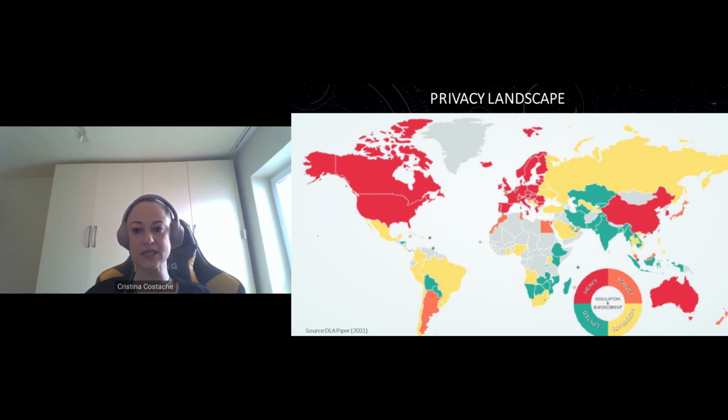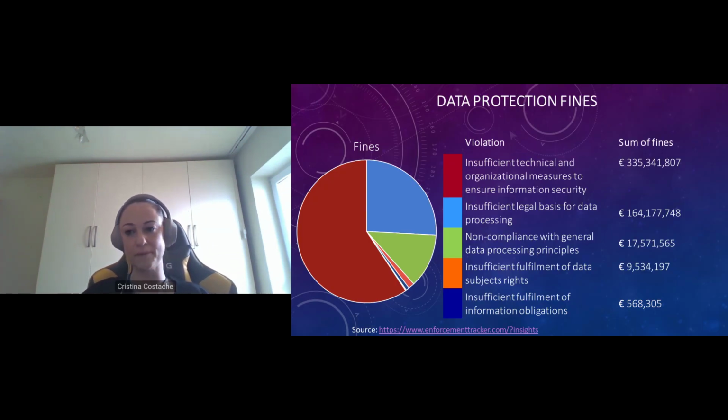So in the last 16 years, let's say the post-GDPR era, something has changed. Now we have around 66% of the countries all around the world having privacy legislation in place, most of them having very restrictive legislation, and 10% of the total countries in the world having draft legislation in place.